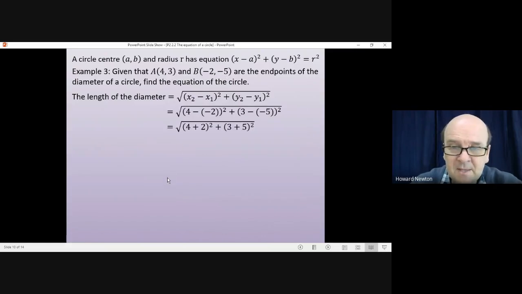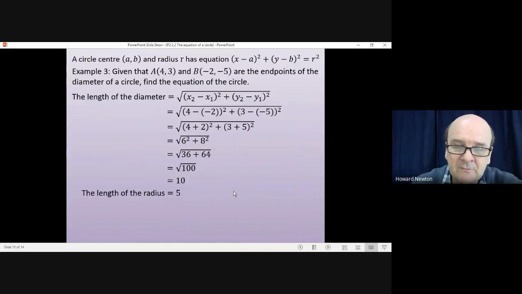That tidies up to that, which gives us the square root of 6 squared plus 8 squared, same as we had in the last question. That'll give us the square root of 36 plus 64, which is root 100, which is 10. So 10 is the diameter of the circle, the length from A to B. That means the radius will be half of that. So the radius is 5.